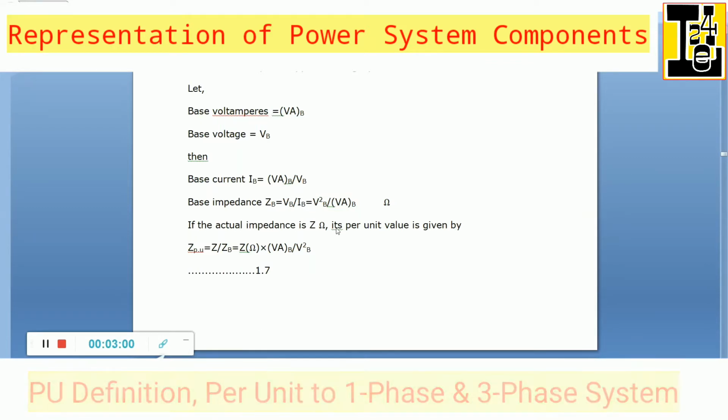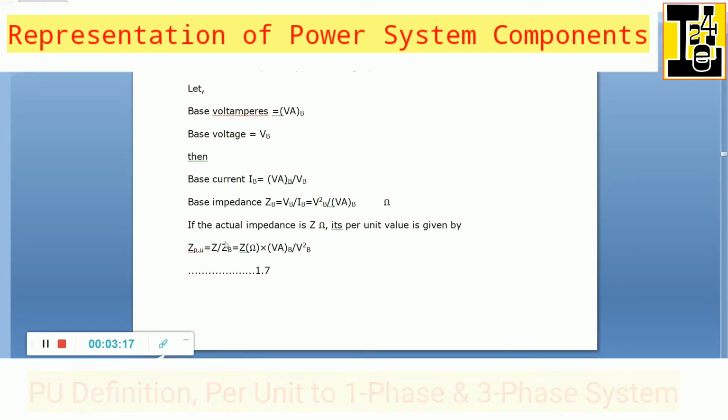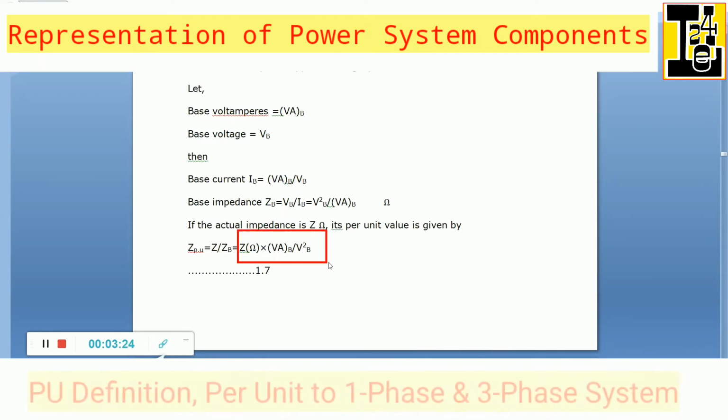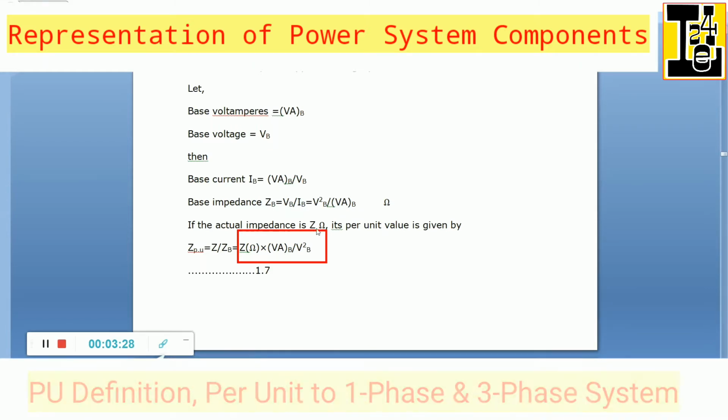If the actual impedance is Z ohm, its per unit value is given as Z per unit is equal to Z actual, in ohm, divided by Z base in ohm. After the substitution of Z base in this expression, we get Z per unit is equal to Z ohm into VA base divided by VB square.